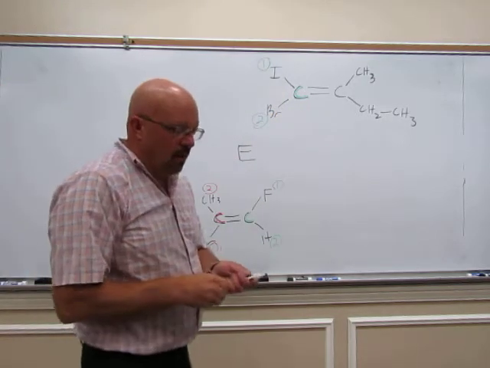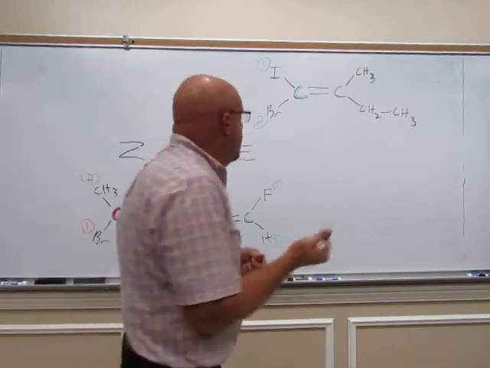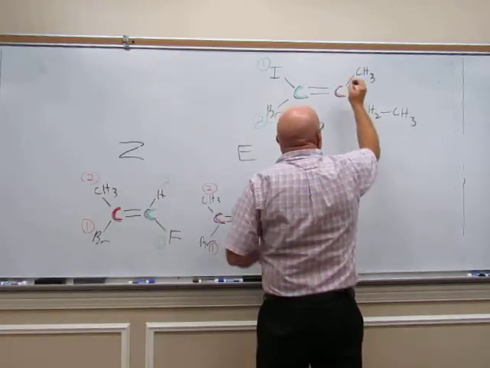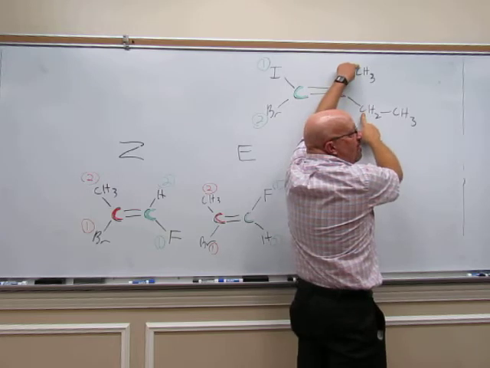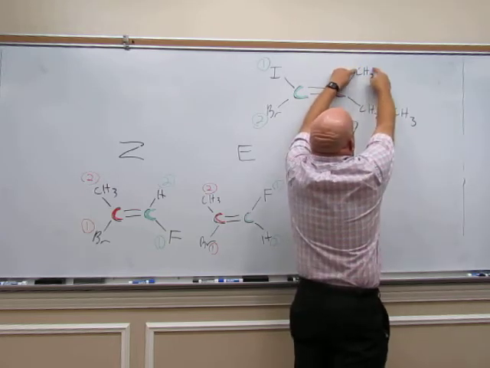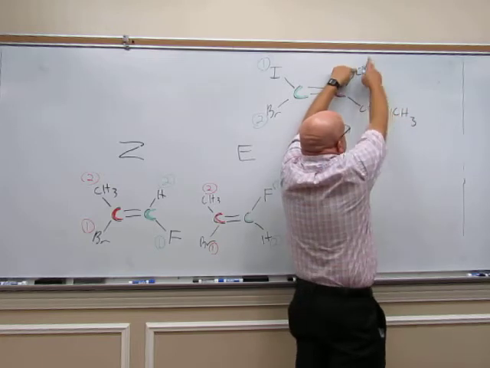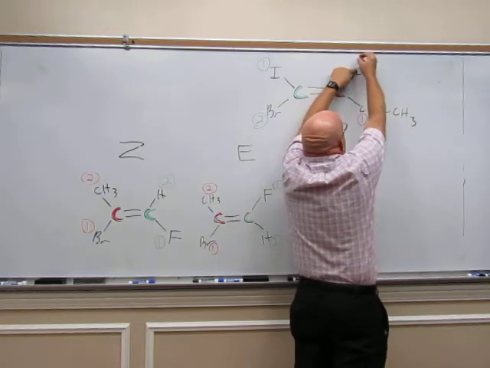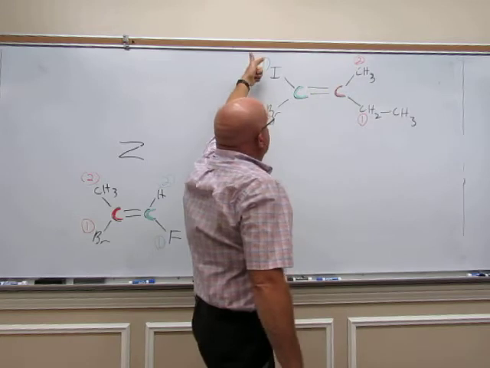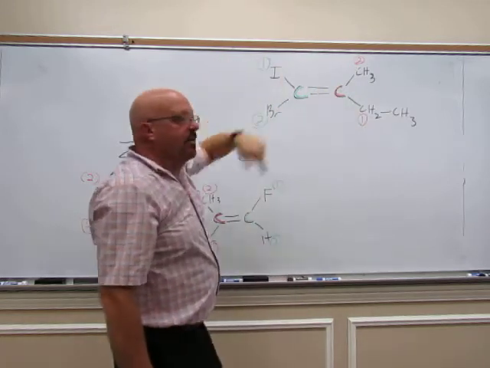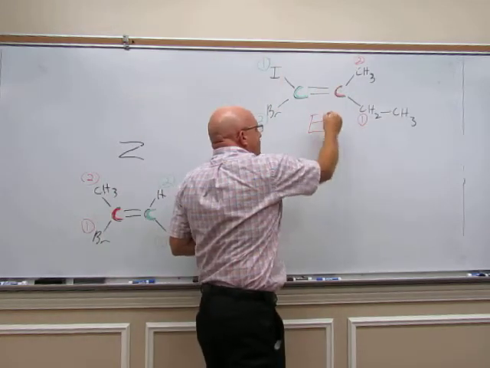If you go to the other carbon of the double bond, assign priorities. Carbon, it's a tie. You have to go out further to break the tie. You go out further, this one's got hydrogens on it. You go out further, this one's got a carbon on it. Carbon beats the hydrogen. So this is top priority, this is second priority. Our top priorities are on opposite sides. This gets the E assignment.